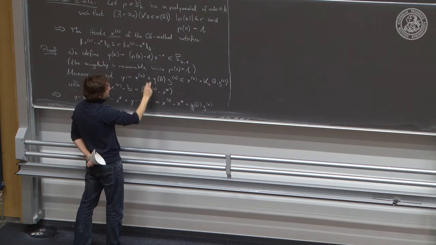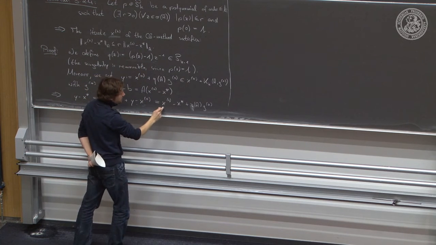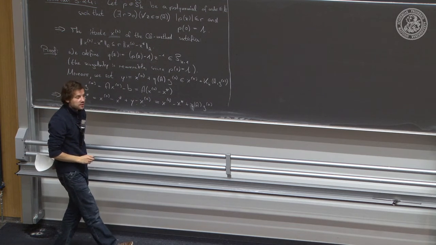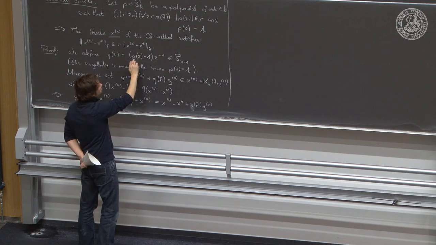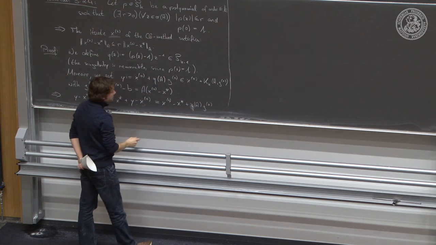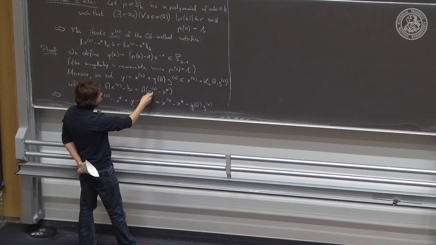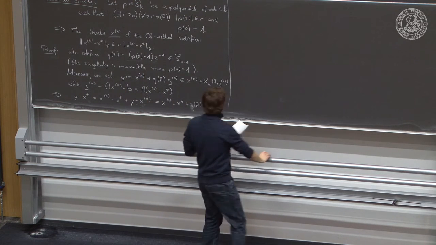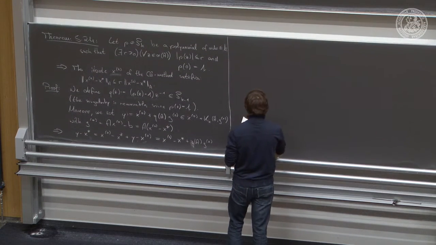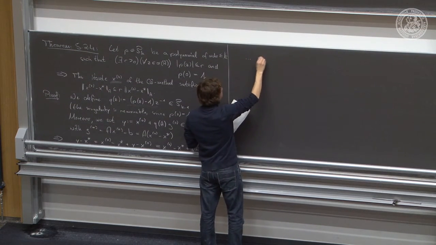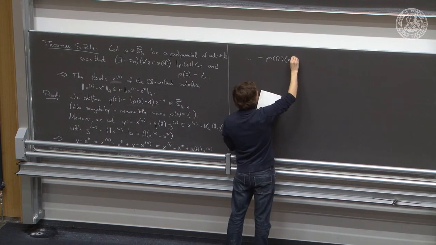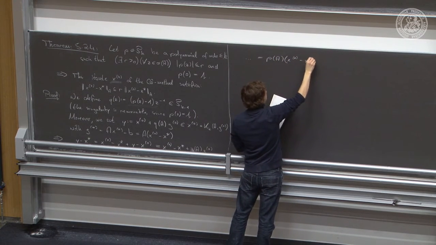So this minus 1 times x0 minus x star now cancels with this x0 minus x star. So what indeed remains is nothing but p evaluated for the matrix A times x0 minus x star. This is nothing but p(A) (x0 minus x star).